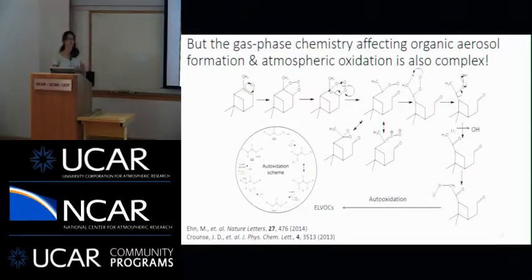If you take something relatively simple, some nice little monoterpene, and you oxidize it with ozone, it turns out that not only do you make a great many molecules, different types of molecules that of course all go on to do different types of chemistry, these molecules can do something called auto-oxidation, and they make something that is currently being referred to as LVOC, so extremely low volatility organic compounds. And so we have this combination, and we have these hugely complicated gas-based chemistry schemes.